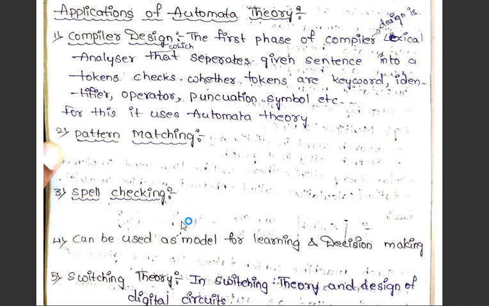So it is used in designing digital circuits, and it is also used in scanning large web pages. We'll have some large web pages, and to scan those web pages we will also use automata. It can also be used in text editors. So these are some applications which use automata.